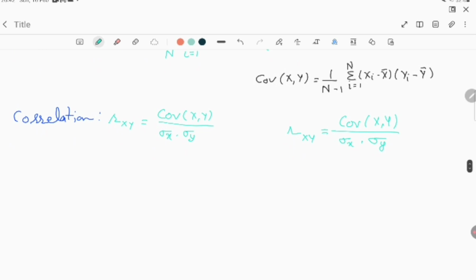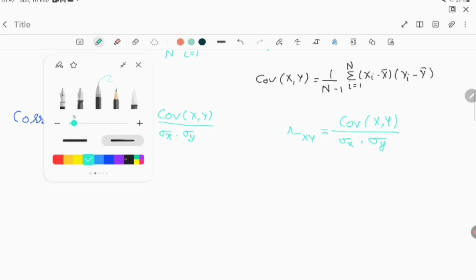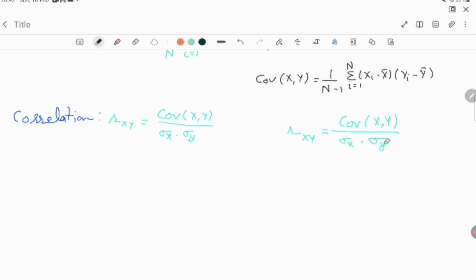Here we will simplify it. Correlation of xy is equal to covariance of xy divided by the standard deviation of x into the standard deviation of y.